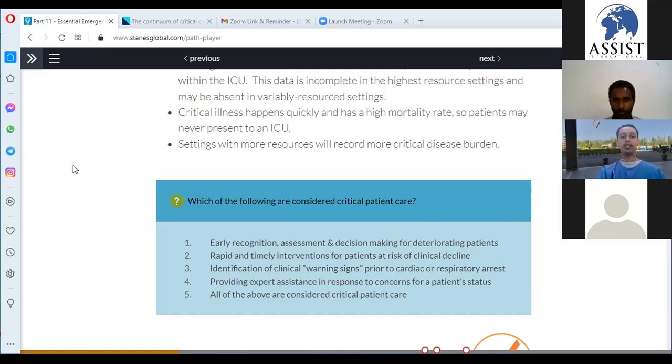So it's not a continuum of process between acute, critical, and intensive care; they mean something by themselves. It should be understood in that way, not as a sequence of events. Definitely intensive care is something you'd find in the ICU, critical care is throughout the process, and acute care applies to acute clinical conditions. And when you give care to an acute clinical condition, we call it acute care.